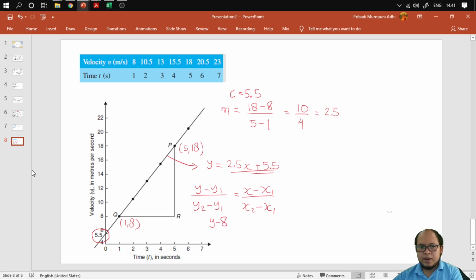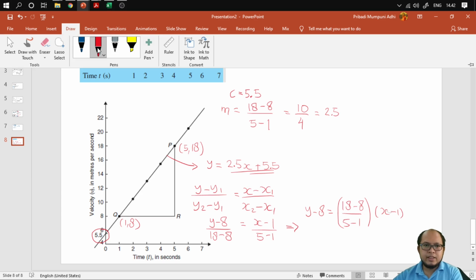So write again, y minus 8 over 18 minus 8 will be equal to x minus 1 over 5 minus 1. So this one will be changed to y minus 8 will be equal to 18 minus 8 over 5 minus 1 multiplied by x minus 1.